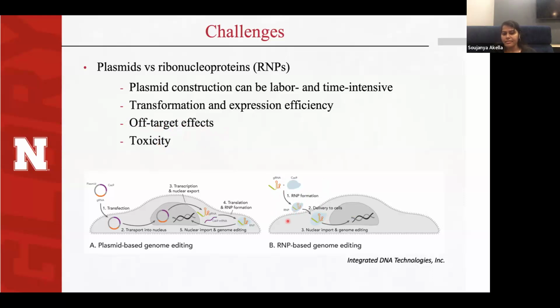Now, as you can imagine, life is not that simple. This is more expensive than trying to do a plasmid-based system, even though it is far more efficient. With time, since people first started this, prices started coming down as more people started using RNPs.